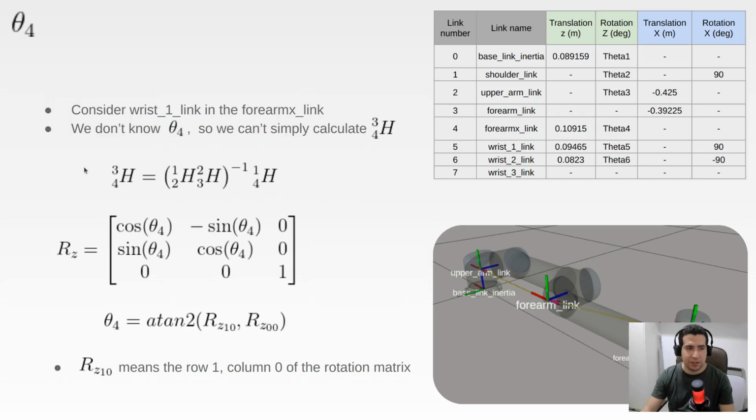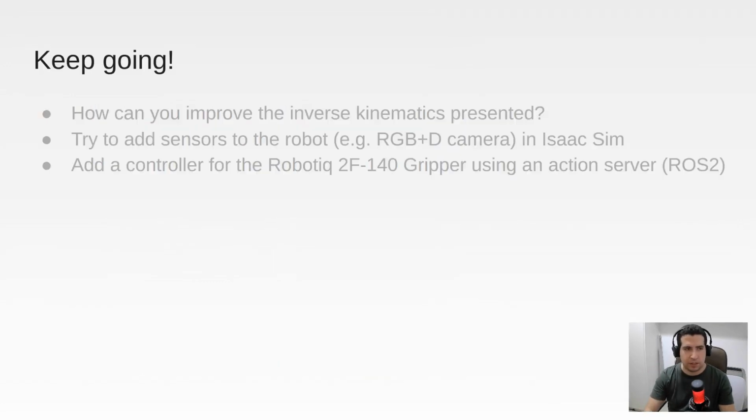So this video is not about transformation matrix, but yeah, it's just to give you a brief overview about how this works in theory and also in practice. Please check out the GitHub repository to visualize how this works.